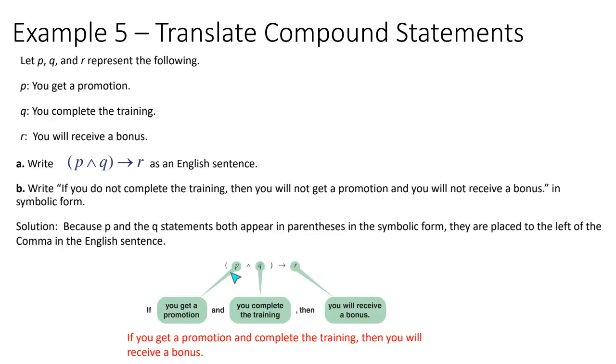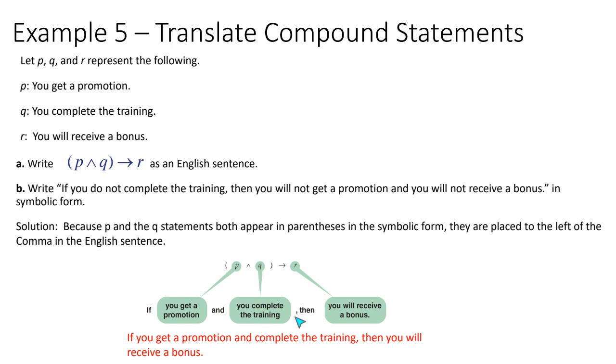So it says P. So P is you get a promotion, right? Notice that I have an arrow pointing to the right. So that means that this is a conditional statement. So I'm going to use if. So if you get a promotion, and then you have your connective and, you complete the training, and then my parentheses.